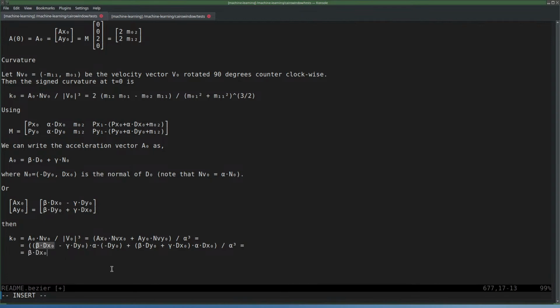So that is then that times alpha, alpha times beta times dx0 times dy0 with a minus sign.